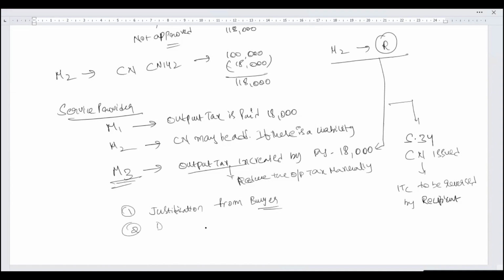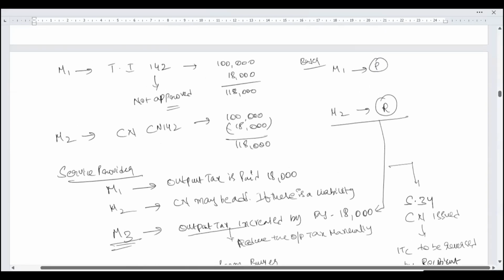Point number 2, documentation. What documentation do I have to give? Sir, I gave an invoice. Look, this is my tax invoice. This particular tax invoice, they have not approved. Look, these are the comments they have mentioned on the tax invoice. What have you done? Sir, I gave a credit note. So when they gave back this tax invoice, I gave this credit note. So I did my job of nullifying this tax invoice with this particular credit note.